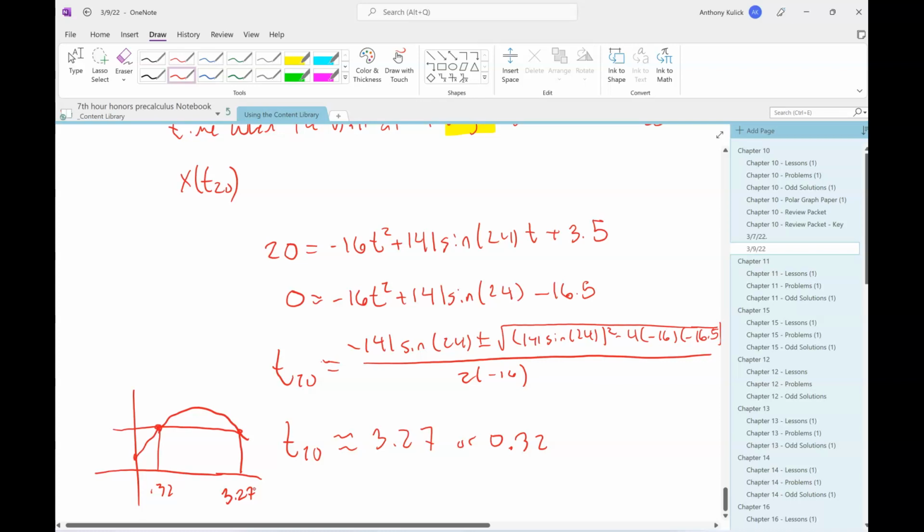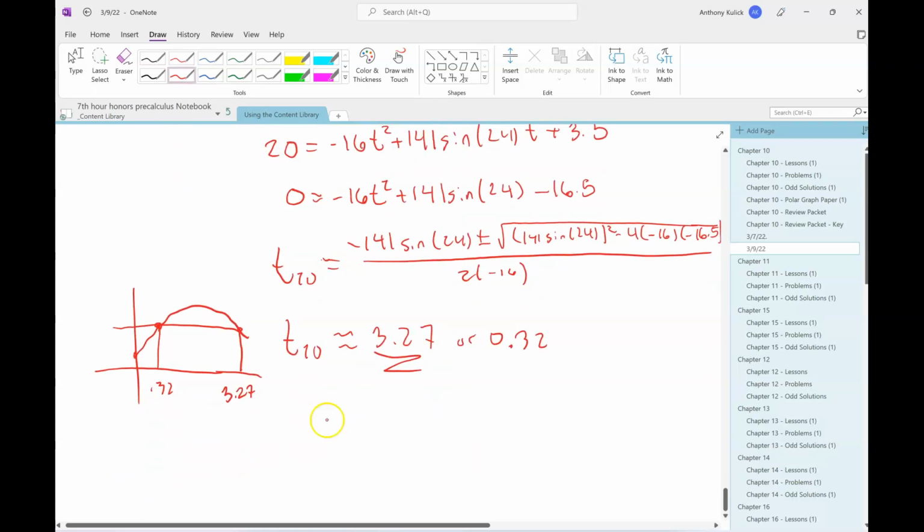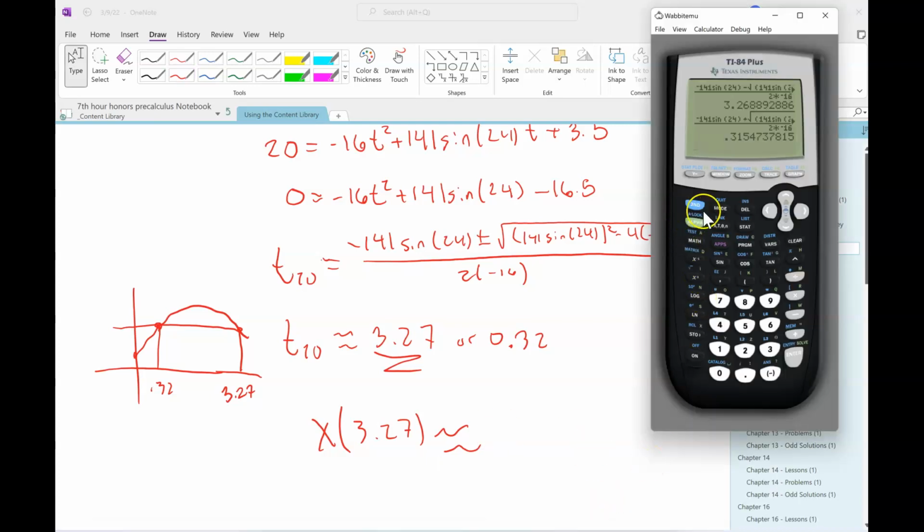Which one do I want? Yeah, the later one. So again, I could plug that into the formula, but I don't want to do that. Again, I'm just going to retrieve this x of t and then plug in that 3.27.